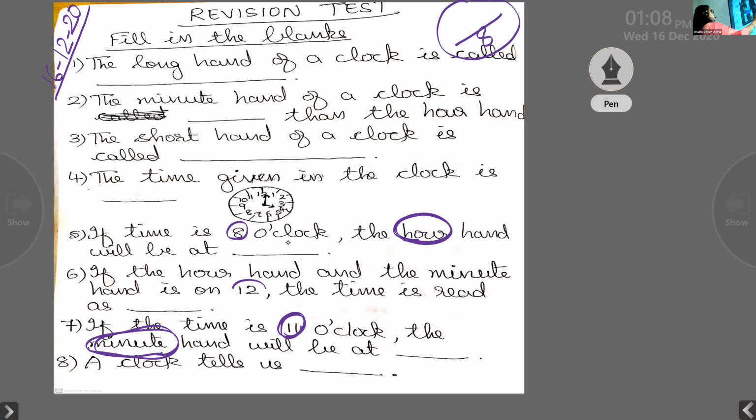Now, let me see if anybody has finished writing. If anybody has finished writing, you can raise your hand. Is the question paper clear, children? Dia, did you finish writing? Yes, ma'am.